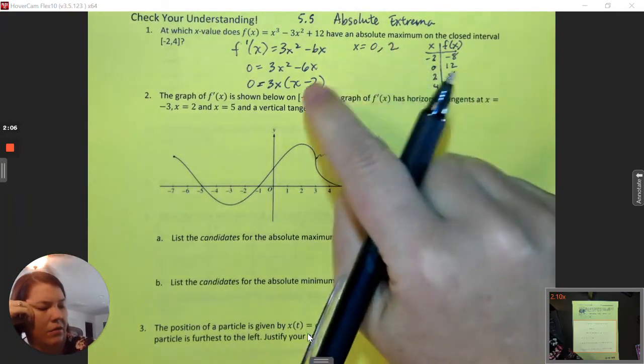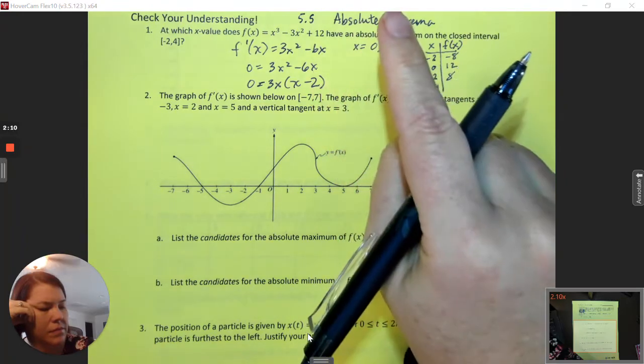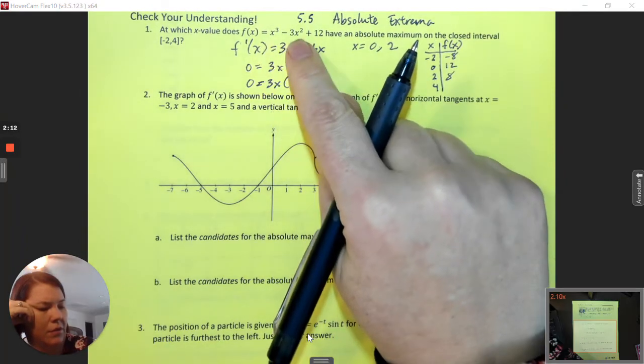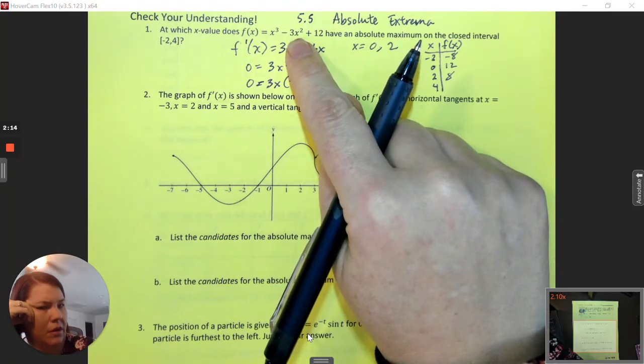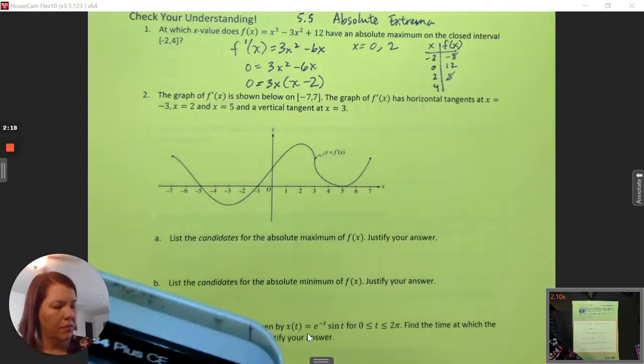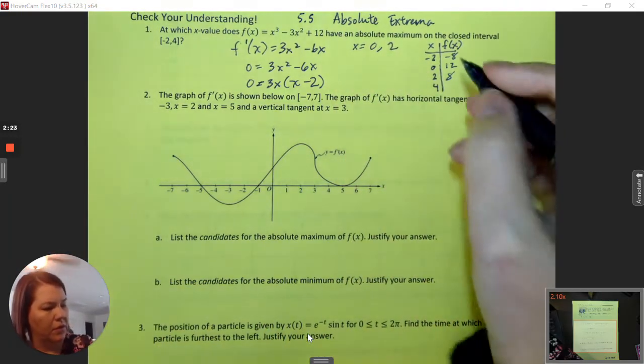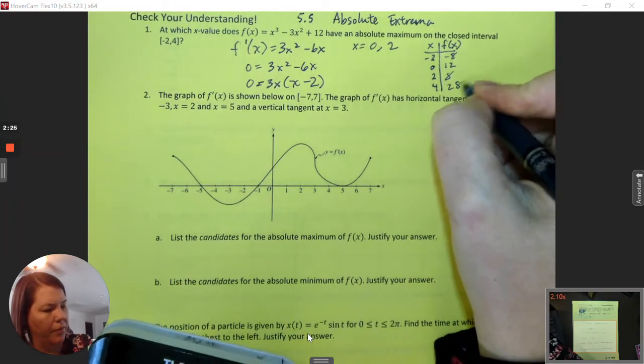And 4, 64 minus 48 is 16, plus 12 is 28.